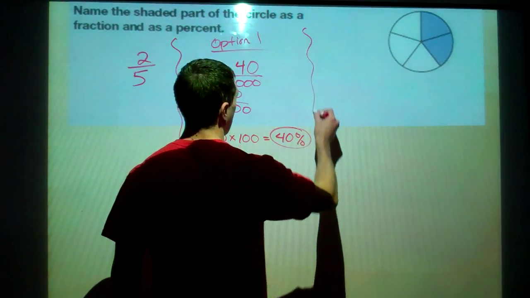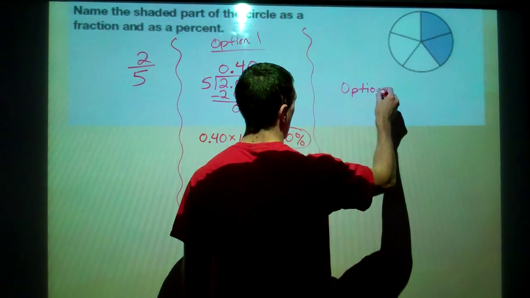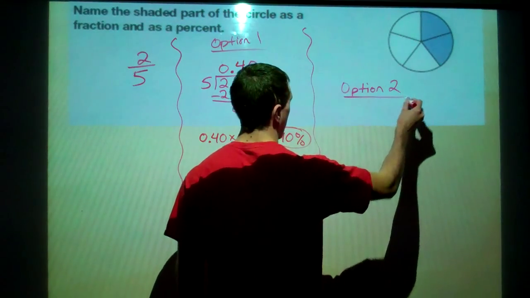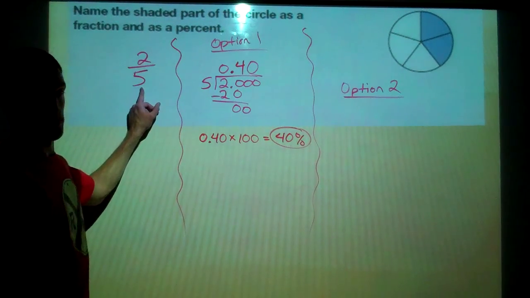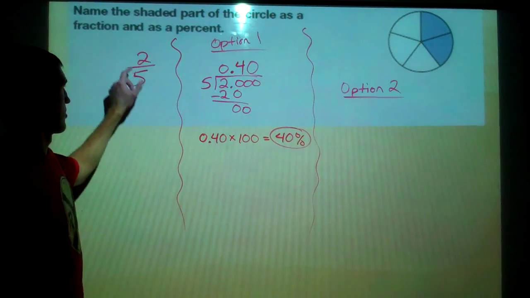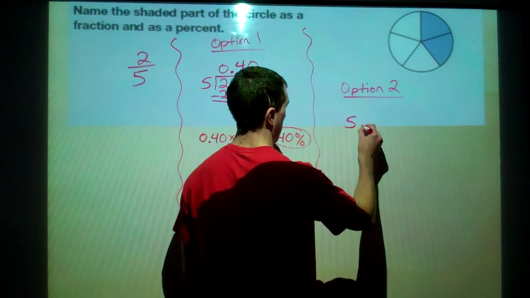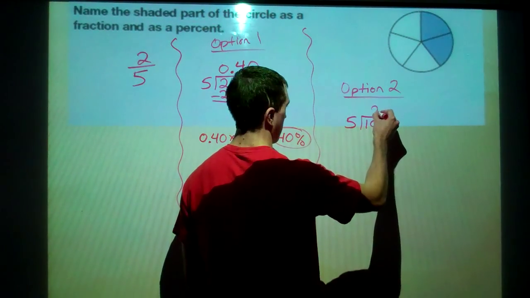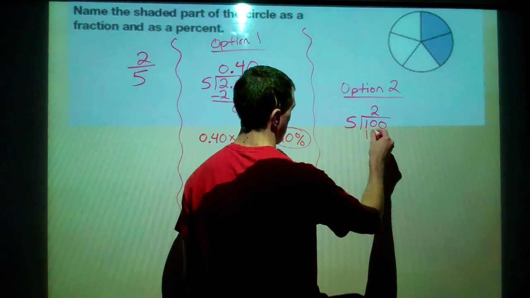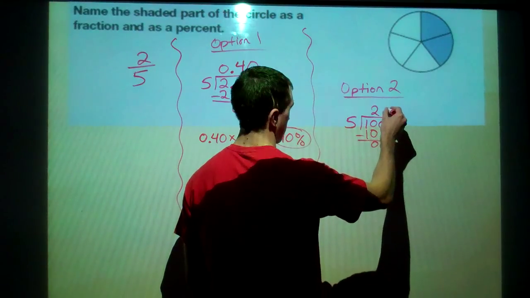Option 2, we can see how many times 5 goes into 100 and then multiply by 2. So that would be 5 and 100. 5 goes into 10 twice, times 10, subtract, 0, and 5 goes in there 0 times.